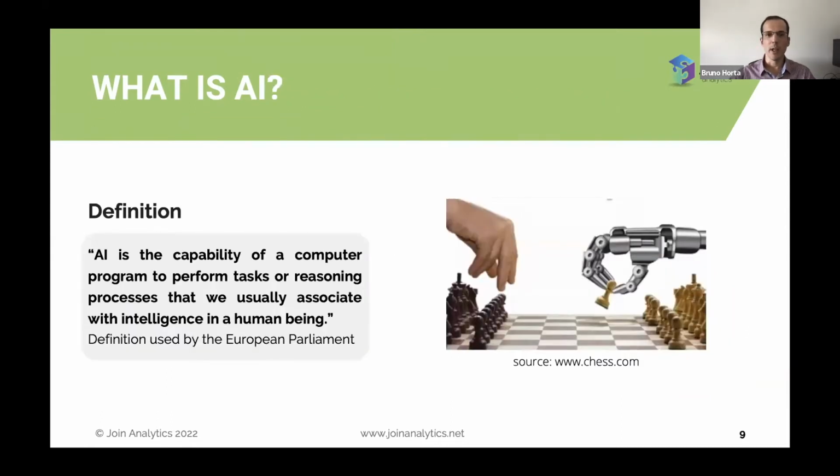And artificial intelligence is a way to imitate that. So AI is the capability of a computer program to perform tasks or reasoning processes that we usually associate with intelligence in a human being, such as the items of the last slide. So for example, when you are playing chess, chess is usually something that a human does, right?